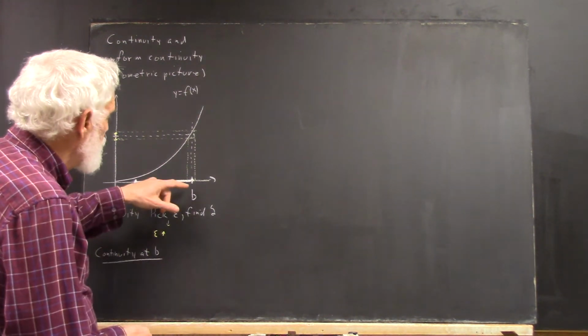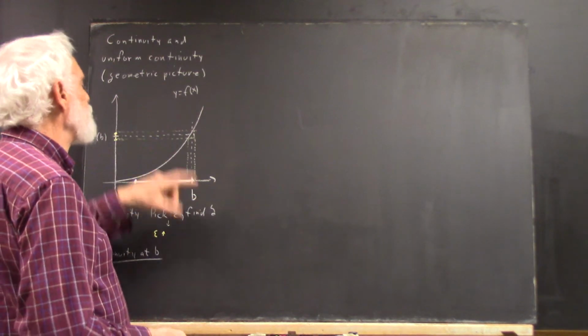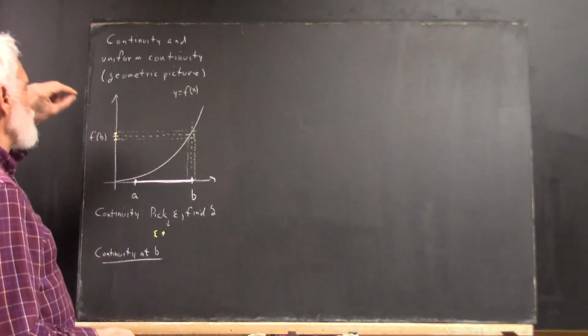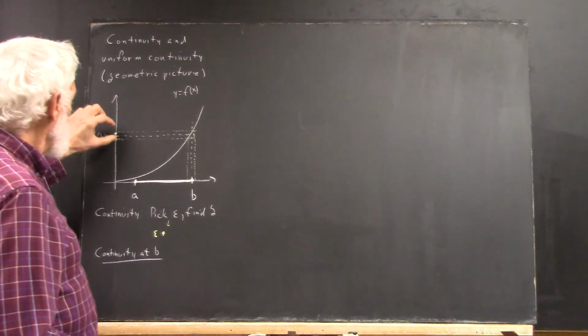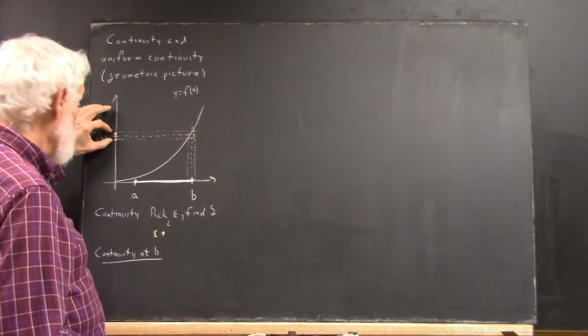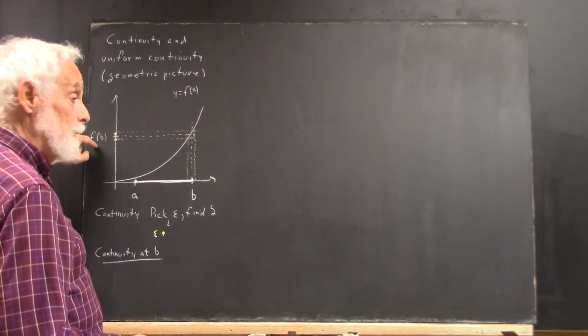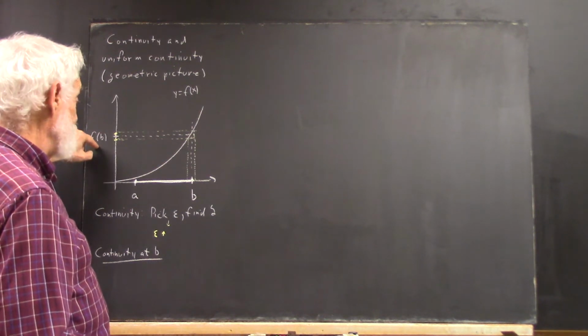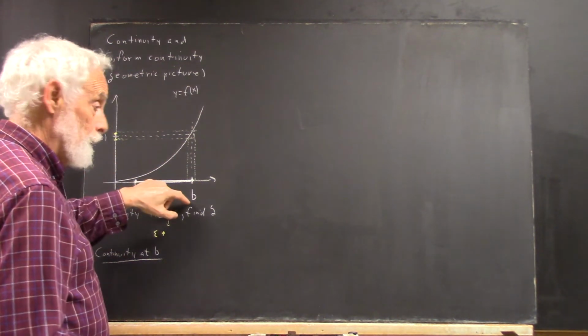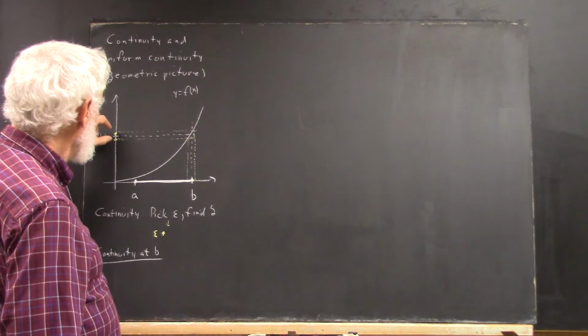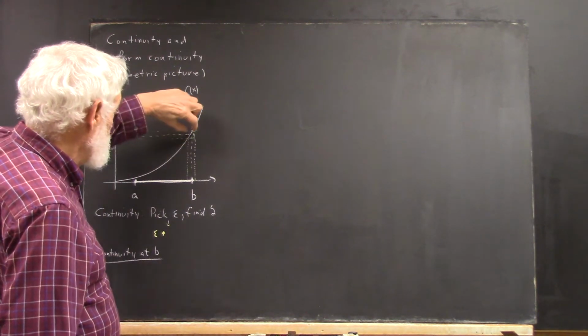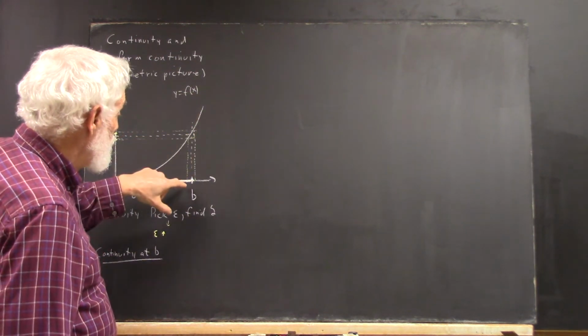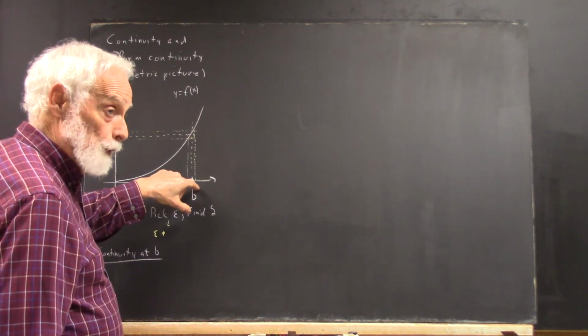So anytime, values of x, I restrict the value of the function to be within this interval of the value at x equals b. Okay, I do that by restricting the values of x to be within this interval around b.